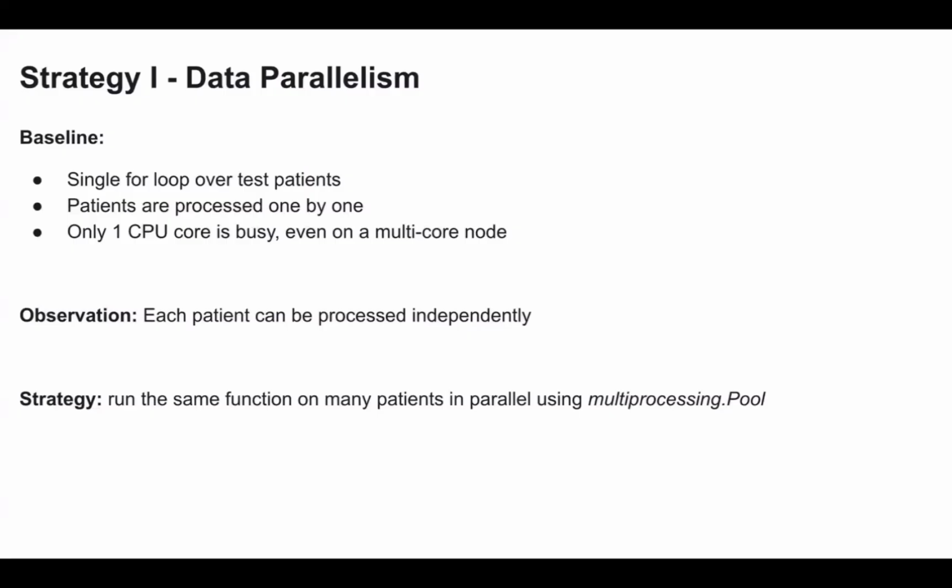Because they are separate processes, they each have their own Python interpreter and memory space. This allows us to utilize 100% of the CPU capacity on a node, and it also serves as the foundation for all further optimizations.